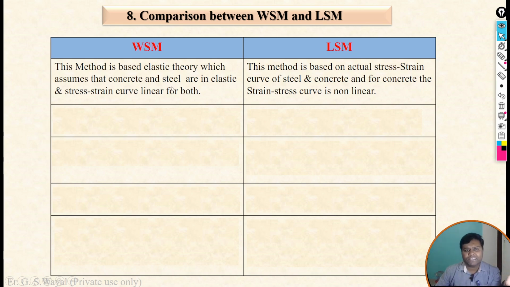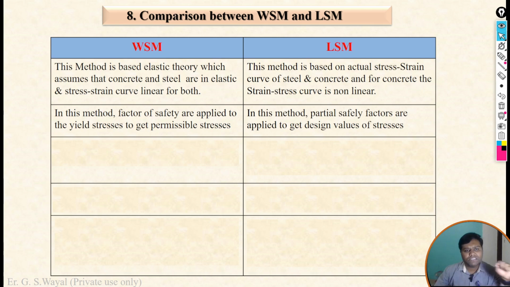When we are designing a steel structure or an RCC structure with the working stress method, the material is in the elastic region and we consider a linear stress-strain curve. But in the limit state method, we consider the actual stress-strain curve of steel and concrete, and for concrete the stress-strain curve is non-linear. So the actual behavior of the stress-strain curve of any material, like steel or concrete, is considered in the limit state method.